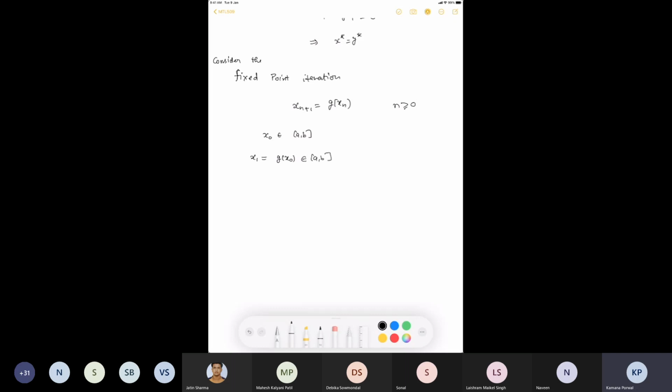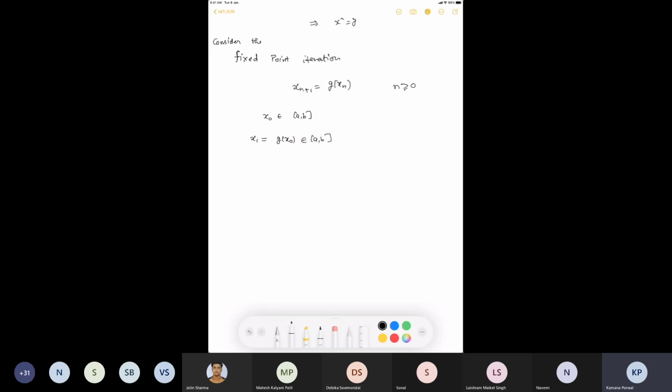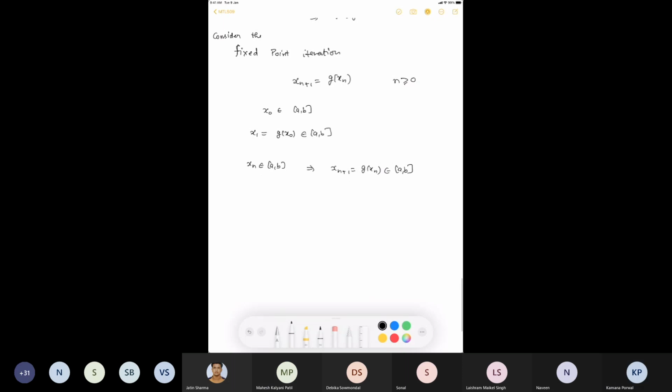Using the induction argument, if x_n is in the interval AB, then x_{n+1}, which is nothing but G of x_n, is also in the interval AB. So x_n is going to be in the interval AB for all n.